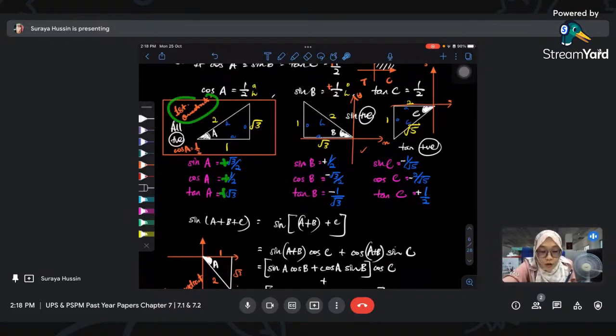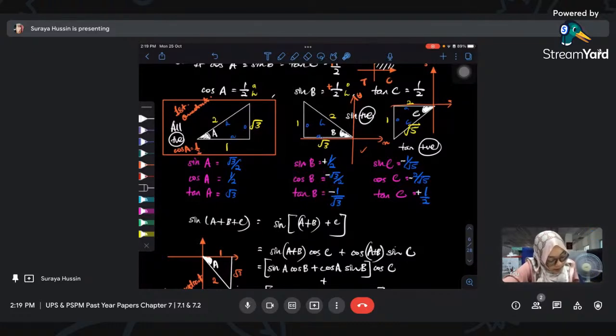Dia ikut quadrant kamu. So let's say B here, you put sine yang positive. Okay. If you put here sine positive, second quadrant, kedudukan pada second quadrant is cos dia negatif dan tan dia negatif. Okay.